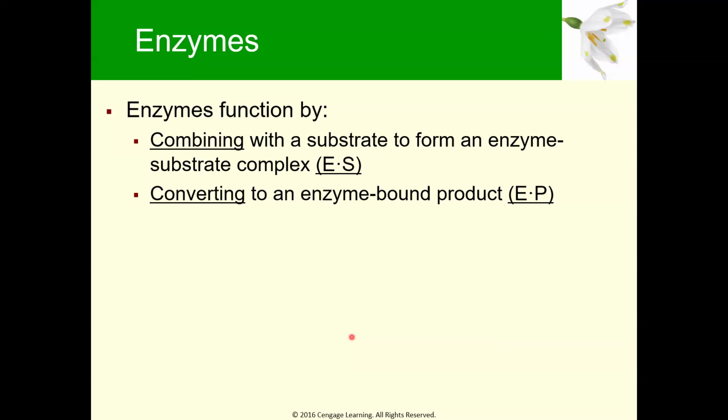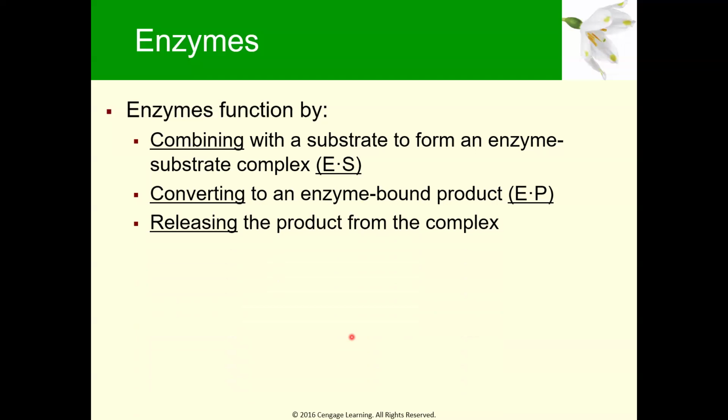But the point being is that in this simple model, all we're concerned about is that it transforms that substrate into the product by facilitating, speeding up some specific chemical reaction. And then because the product has been transformed, that molecule is not attracted to the active site.